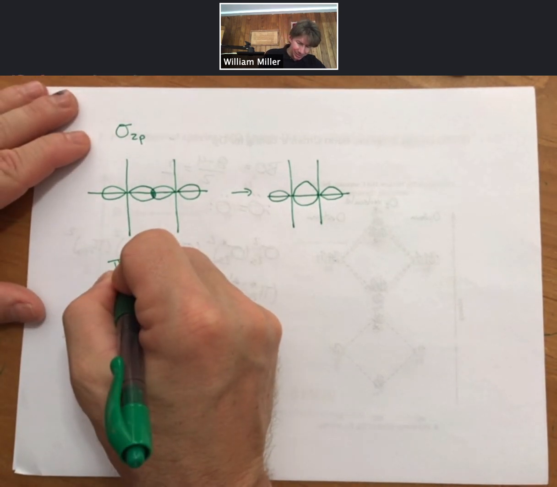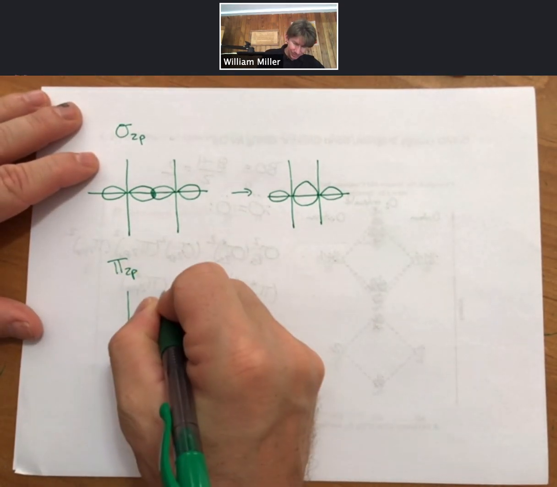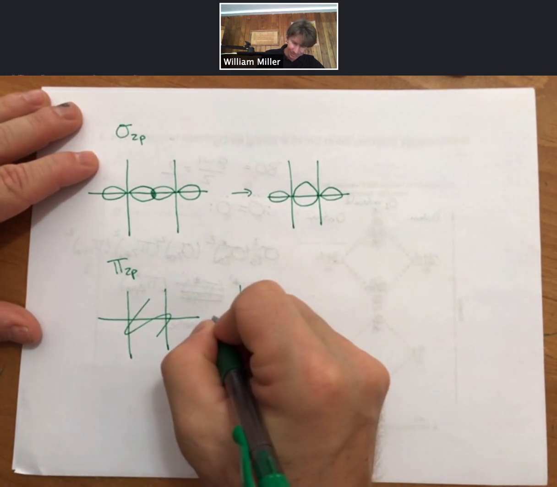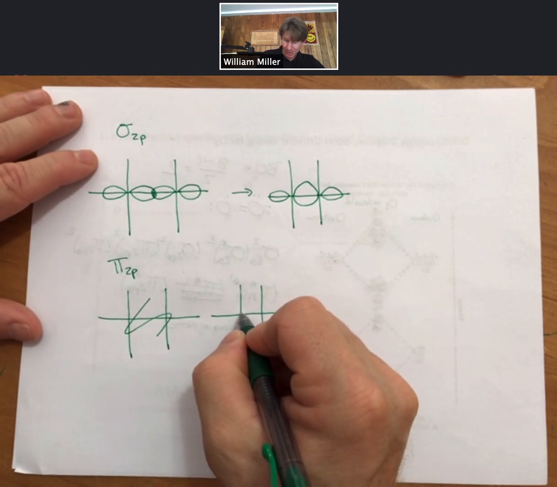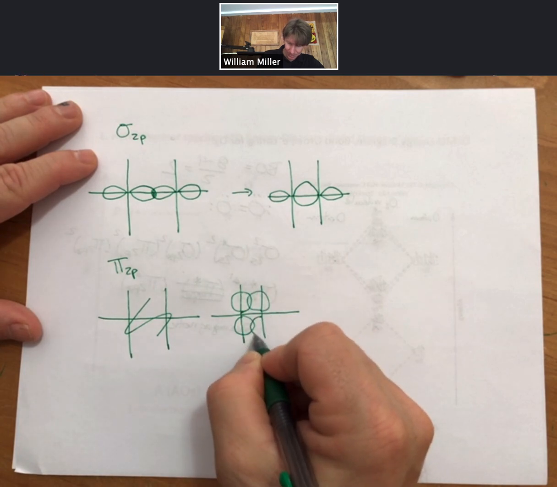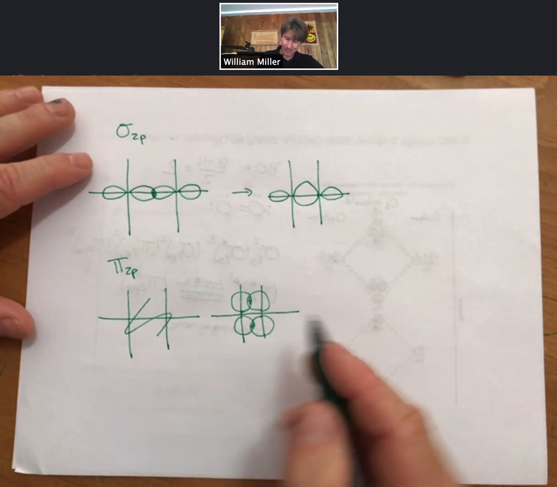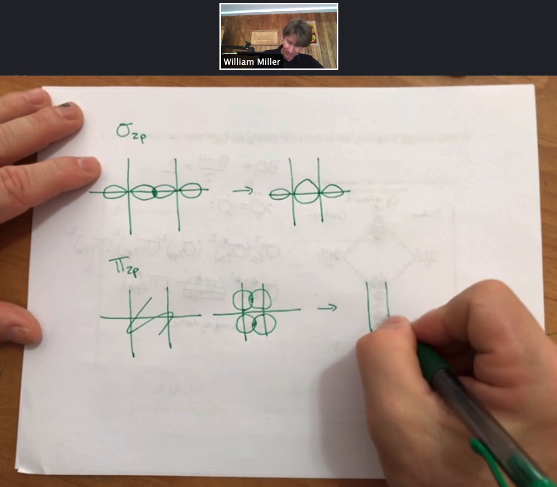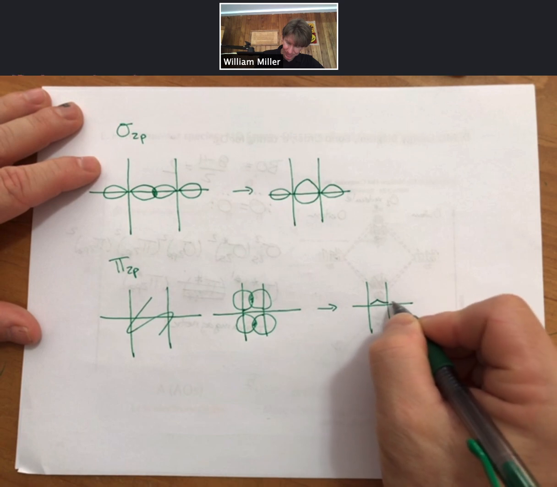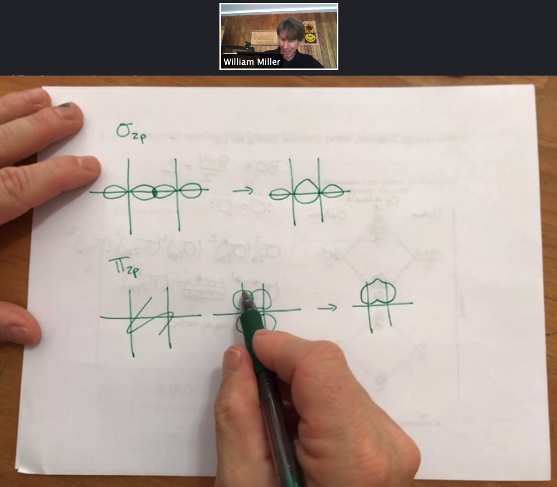Now pi 2p. For pi 2p, well, these are going to be too far apart. Let me try it again. So pi 2p, you're going to have to take these 2 p orbitals. And again, where they overlap, you're going to get adding. And so our answer here is going to be something like this. So where they add, it goes up.